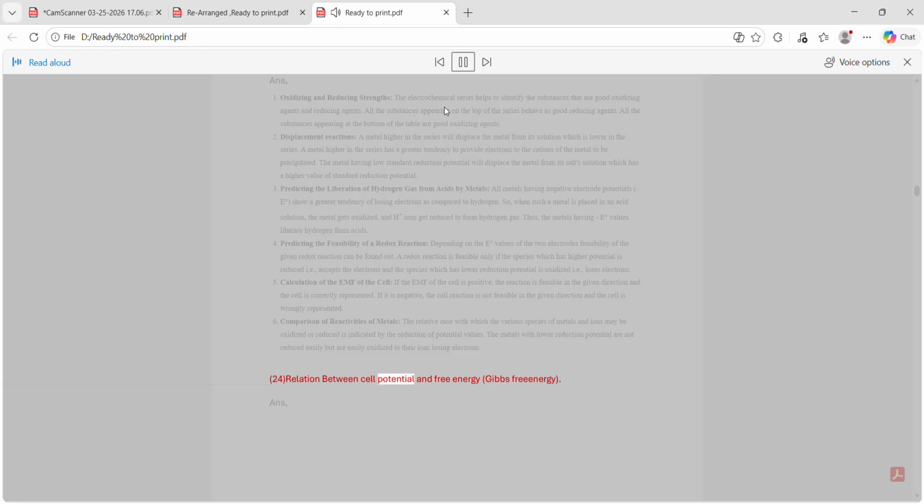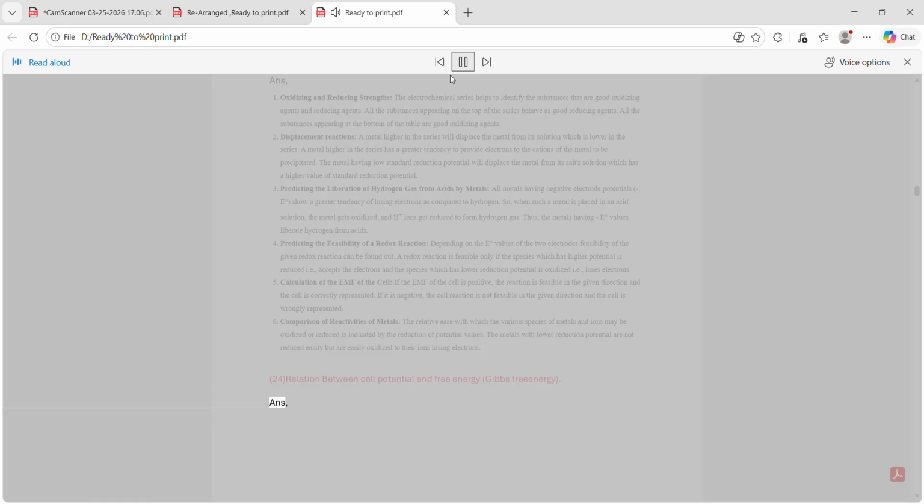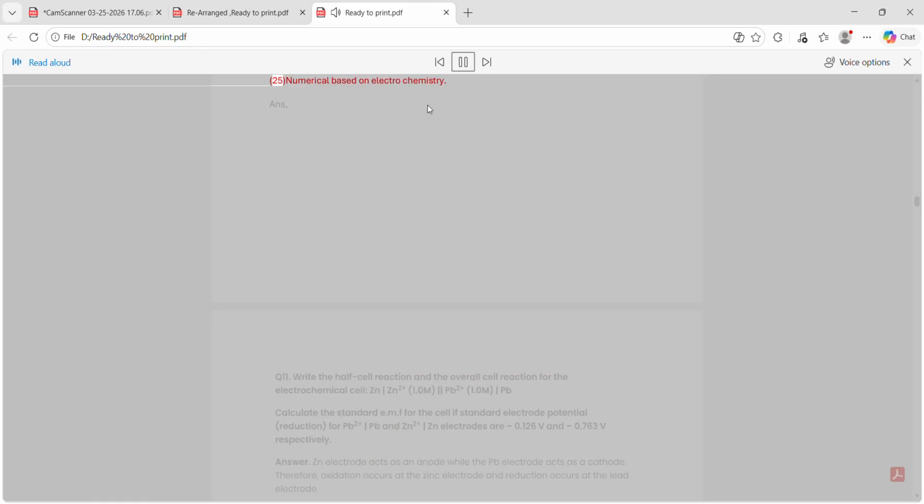Relation between cell potential and free energy, Gibbs free energy. Answer. 25. Numerical based on electrochemistry. Answer.